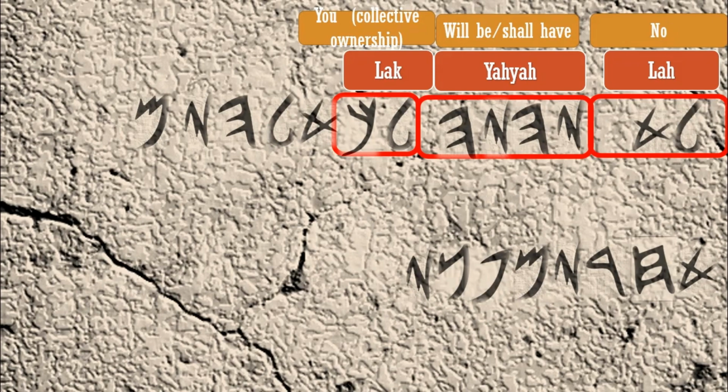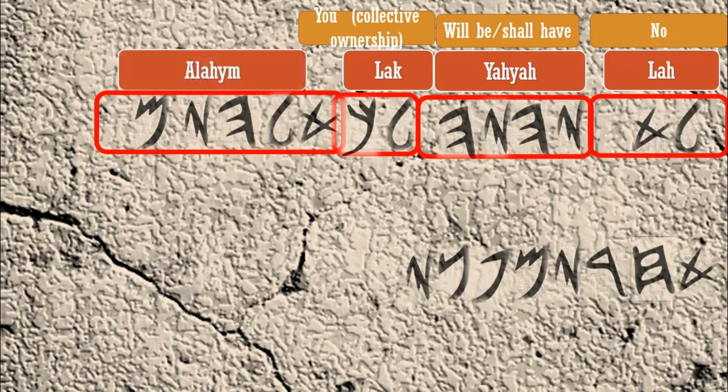So the words may not seem to flow as we have it in English, but you will see how it comes together when we are through. The next word has Aleph, Lam, Ha, Ya, Mum. And this is the word Alaim, Alaim.